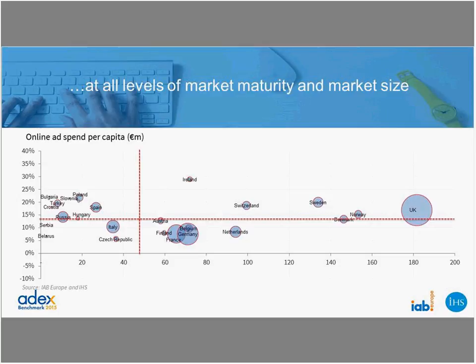But surprisingly, you can also see that the mature markets, UK, Norway, Sweden, Switzerland, and so forth, are growing above the European average. And back to the point I made at the beginning of this presentation, advertising is perpetually reinventing itself with new formats, new measures, and so forth, so there is no new normal of markets stagnating. Even strong markets can grow above the European average.